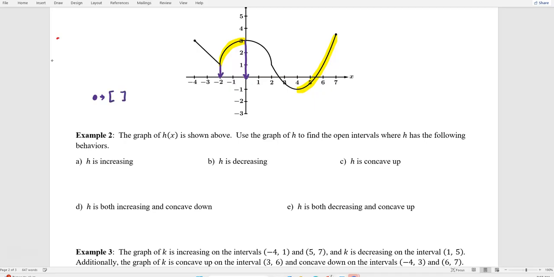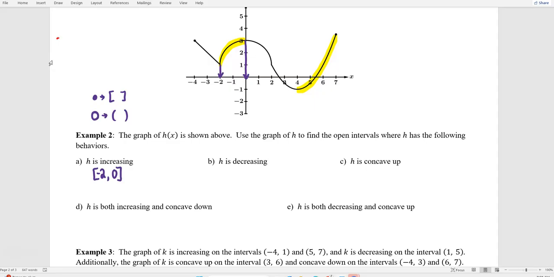If you want an open circle where it's not included, you're going to use parentheses. In this case, we're going to use brackets for these. So we would have from -2 to 0 as that first section where our graph of h is increasing.